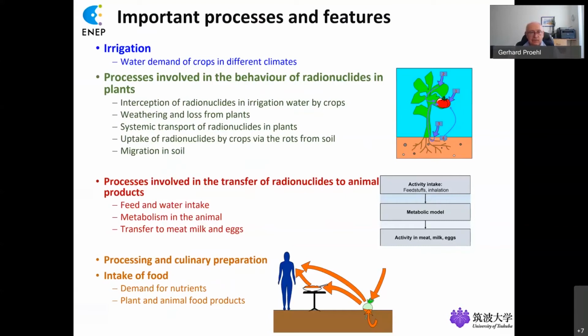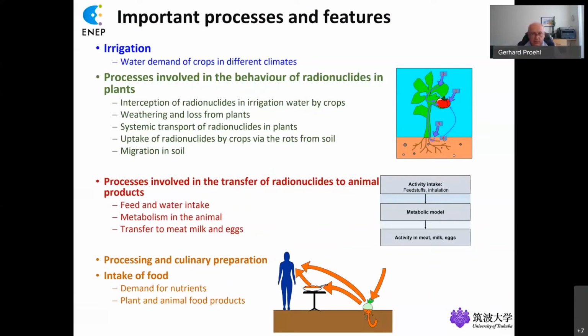Then we have the weathering and loss from plants due to rain and due to loss of leaves, etc. We have the systemic transport of radionuclides in plants and the uptake of radionuclides by crops via the roots from soil and migration in soil. And all these factors have to be quantified.